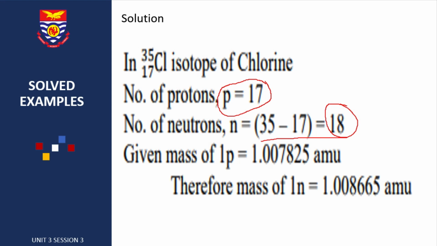Then we have been given the mass of a proton to be 1.007825 amu, and the mass of a neutron as 1.008665 amu. So we can use this to calculate the mass defect, and from there we calculate the binding energy.